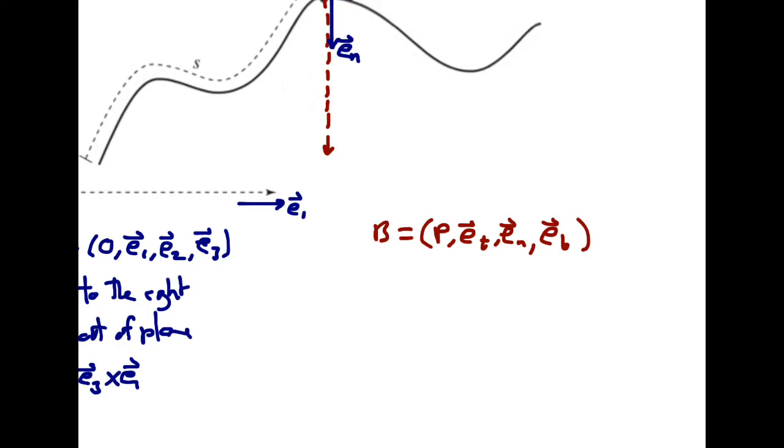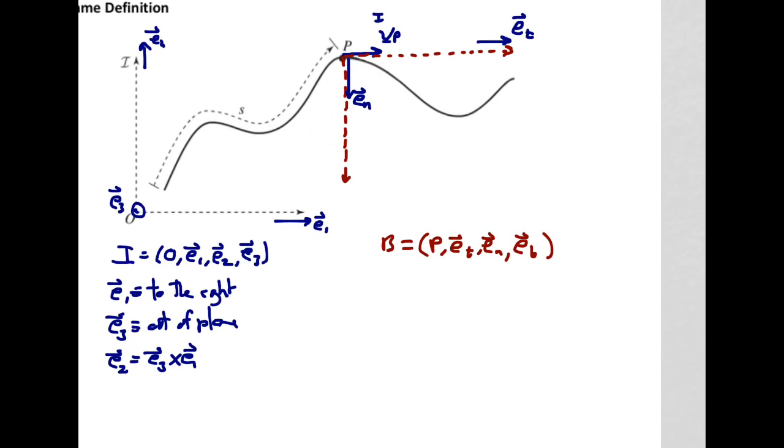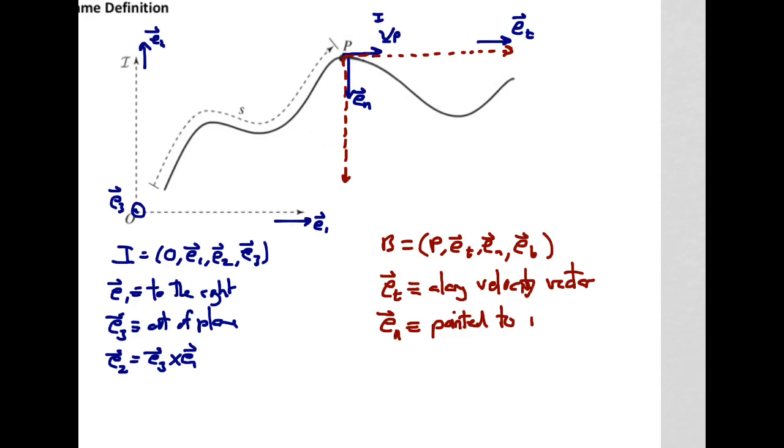So when we define these unit vectors, E sub t is along the velocity vector, and then we have E sub n, and this is pointed to the inside of the curve.